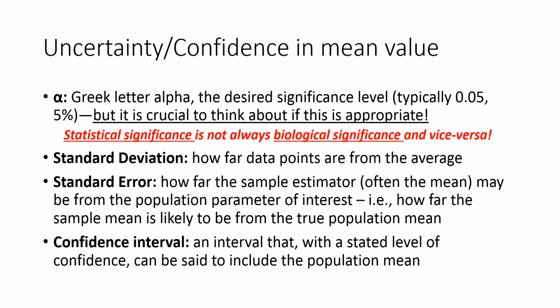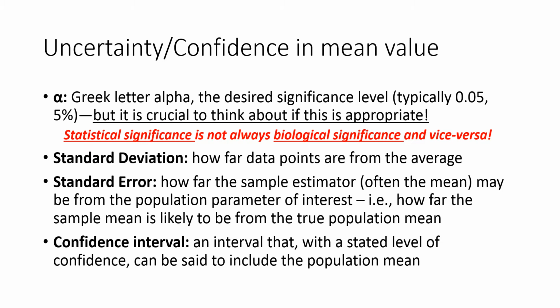You've probably all calculated a standard deviation at some point, and it's really representing how far your data points are from the average within your population. Standard deviations are kind of tricky to compare between different samples. And so this is where something like a standard error and a confidence interval come into play.